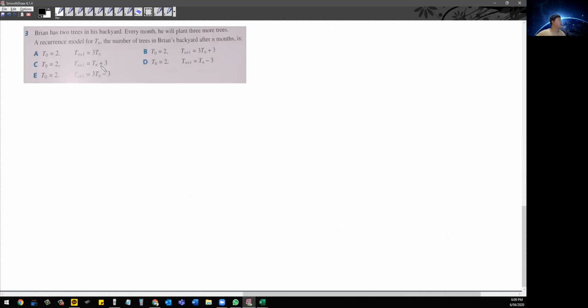So Brian has 2 trees in his backyard. Every month, he will plant 3 more trees. The recurrence model for Tn, the number of trees in Brian's backyard after n months, is. All right, so how many trees are there initially? 2. So all of this is fine. T naught is 2. Now Tn plus 1 equals something Tn.